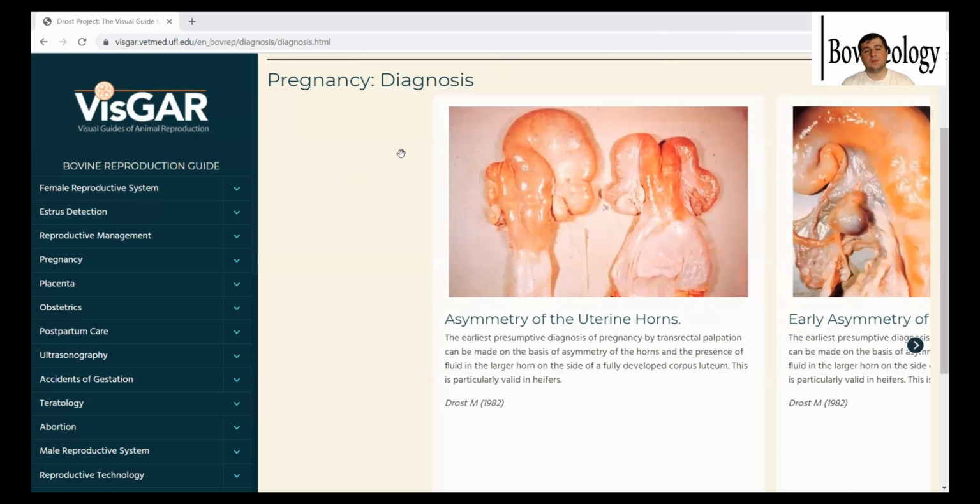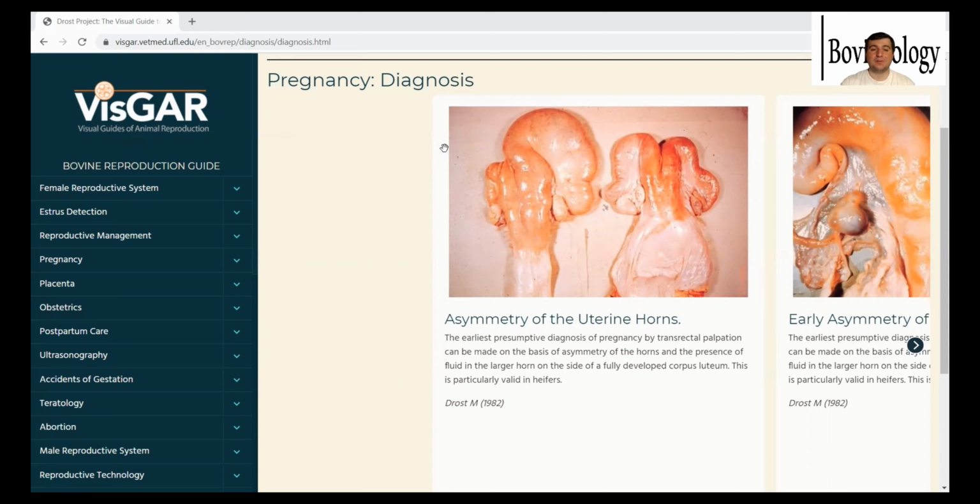Dr. Drost has extensive experience in the field and in research, and over his years practicing, he was able to put together so many pictures, and then he made the Drost project so he can share these pictures with us, and it has actually helped us learn easily. I think a picture speaks more than 1,000 words, right?